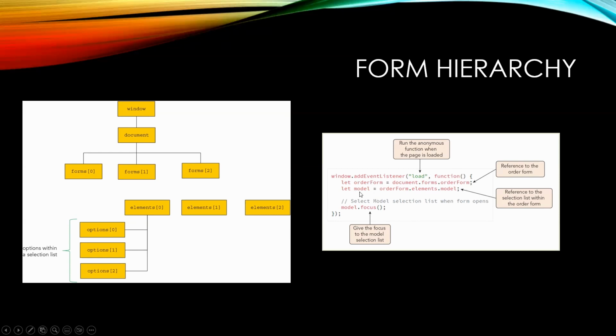Here we've got let model equal the order form's element model. So it's going to reference the selection list in the order form. When the form opens, we're going to give focus, model.focus, to the selection list. So that is going to be what's highlighted and ready to go right when the page loads. So here, the green is the on load.